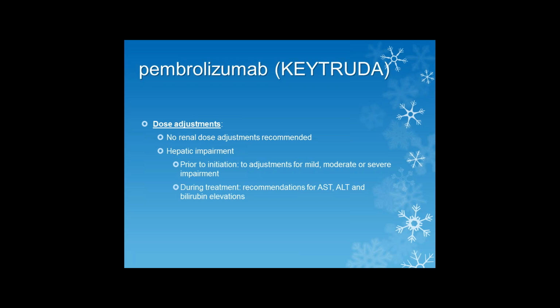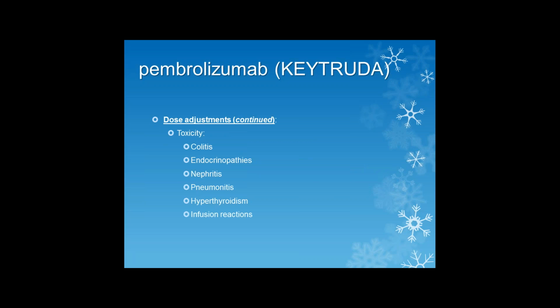So that's good to know, whether the patients had it before or if it is caused by the drug. These are a couple of other toxicities that they recommend adjusting or holding the doses for, and again, they have specific recommendations based on the severity and occurrence.